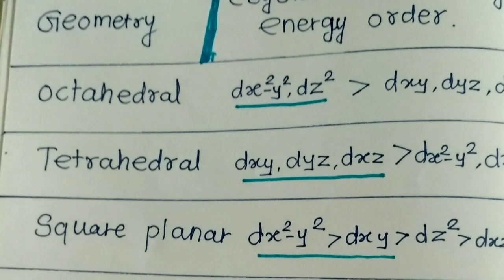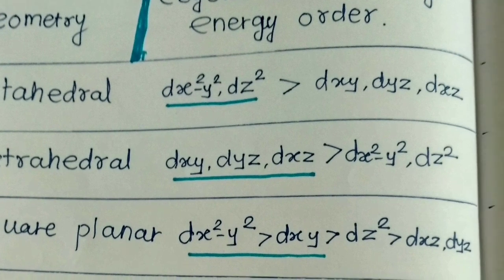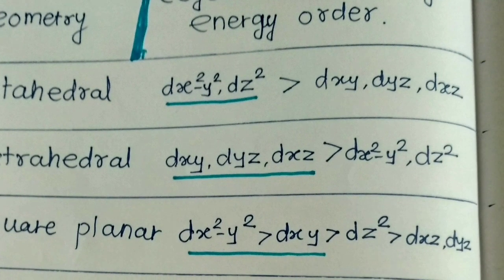Now the next geometry is tetrahedral, which is just the opposite. In octahedral geometry, the ligands approach along the six axes, so dx square minus y square and dz square go to the higher energy.